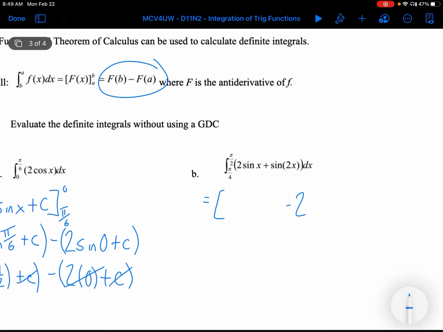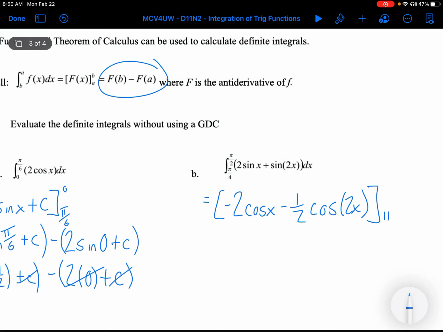Why don't we put that one at the front? They're both going to be negative. So we're going to have negative 2 cos x at the front minus, because the cos is going to be negative when we do the integral of sine. So minus a half and then cos 2x.